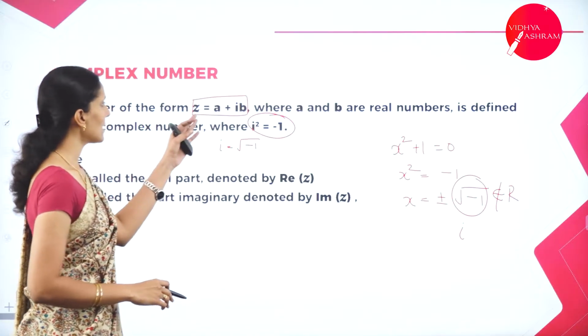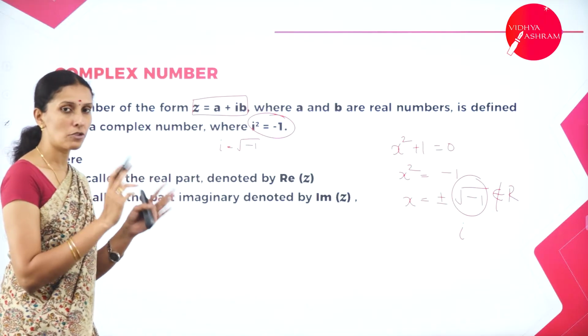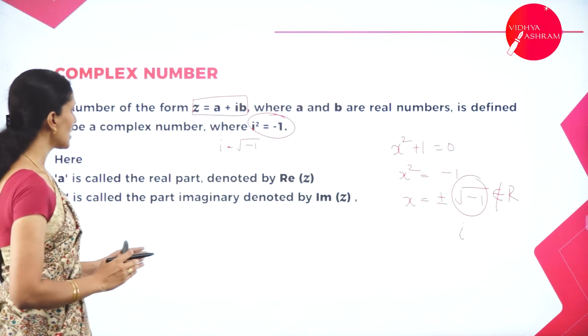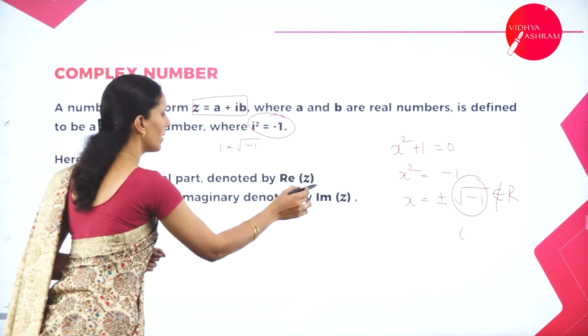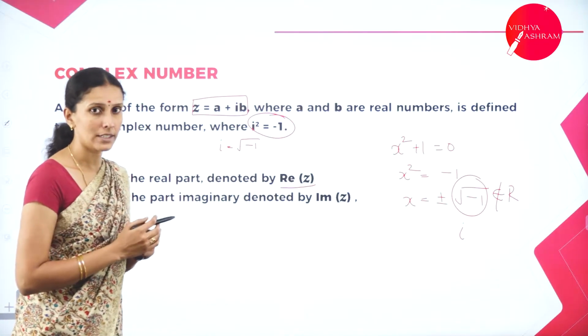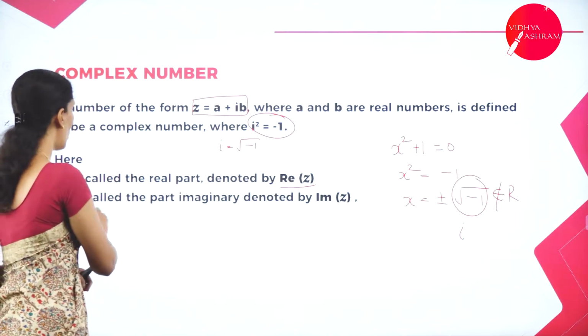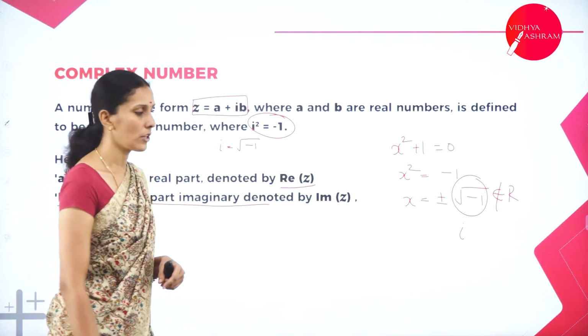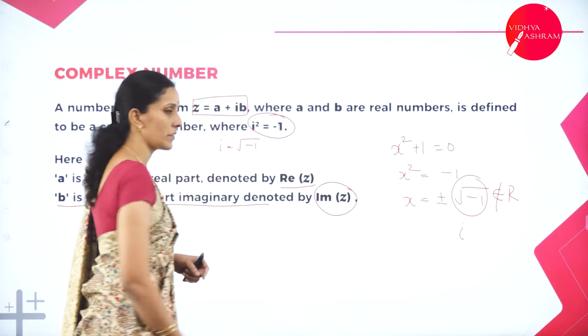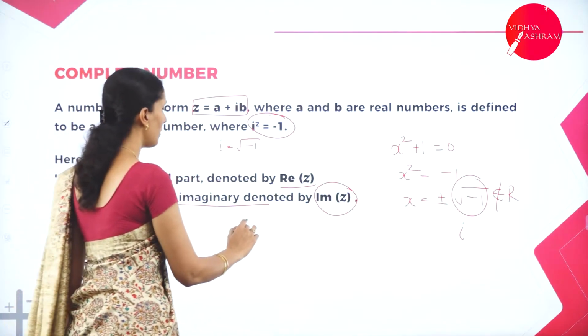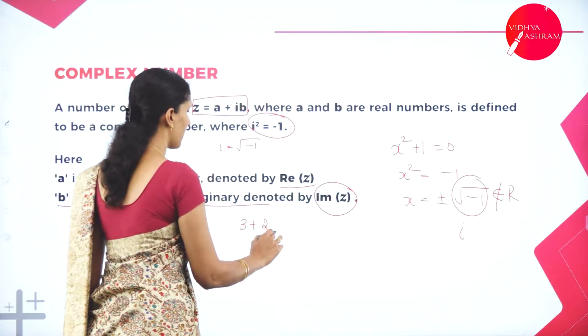Now, when you say z is equal to a plus ib, we have two parts mainly here. One is the real part, denoted by real part of z, or Re z, and b is called the imaginary part, denoted by the imaginary part of z. Suppose I say 3 plus 2i.